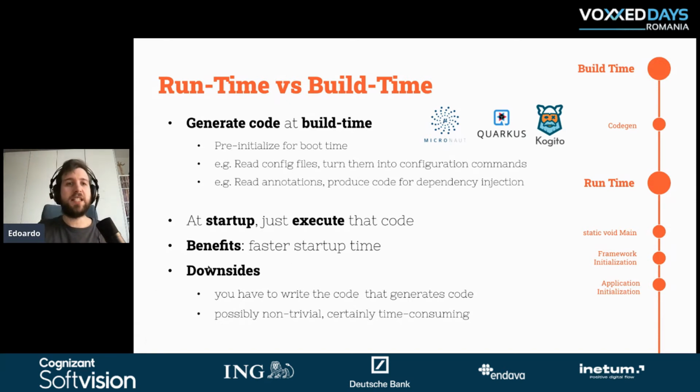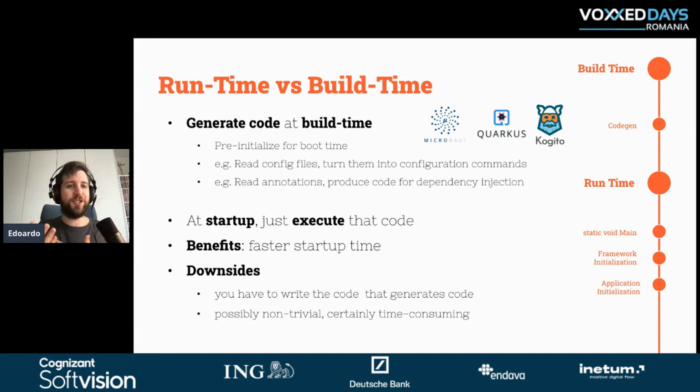But the downside is that you have to learn how to do code generation. This can be mitigated somewhat if you use a framework that allows you to do that in a simple way. And Quarkus gives you, for instance, some tooling to do some form of code generation, bytecode generation to be precise, automatically. But that still needs you to learn some stuff.